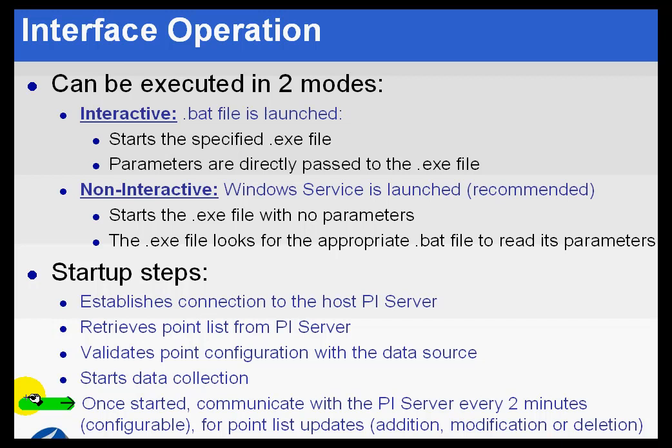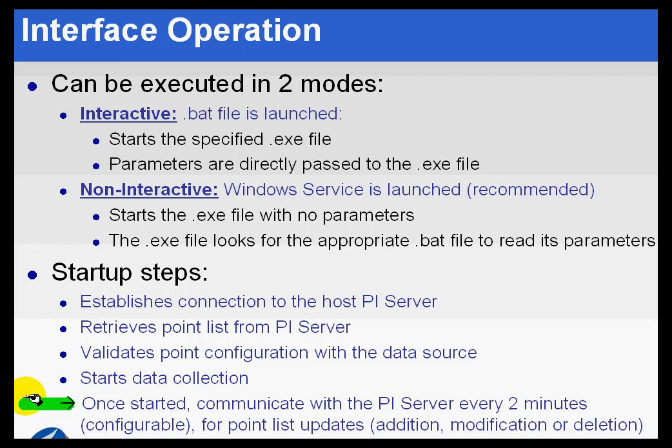And when we do find that change, we're going to propagate that change out to the interface. So that's why changes to the tags collected by an interface can take up to 2 minutes to be recognized.